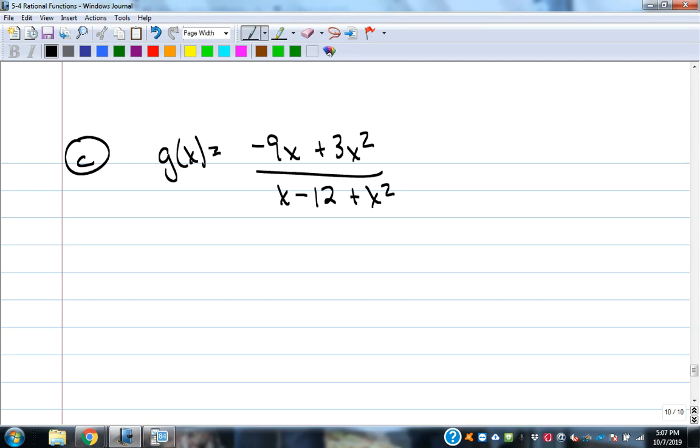What's wrong with this thing before we even start? You've got to rearrange it all to where it's in descending order. So the bottom's in the wrong order, so there'll be x squared plus x minus 12. But the top's in the wrong order too, so I'm going to rearrange it while I'm at it.